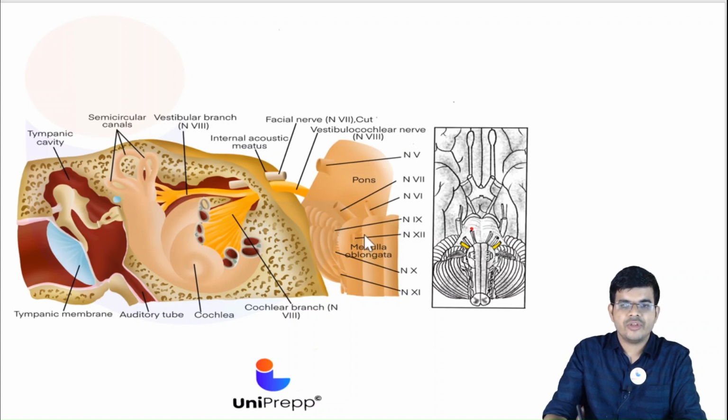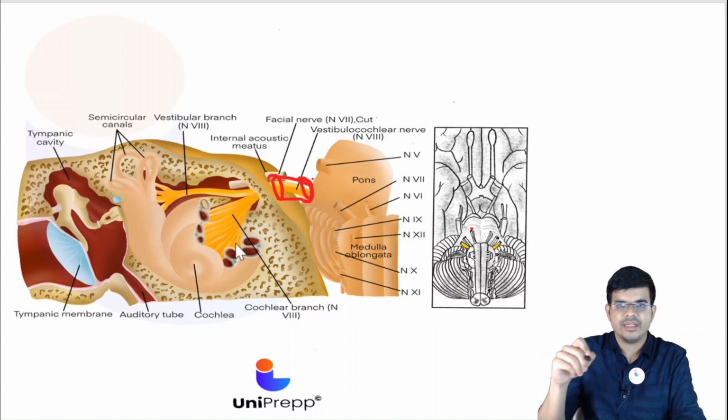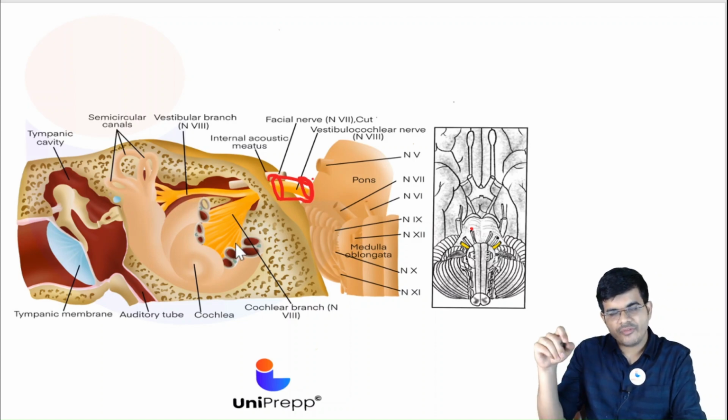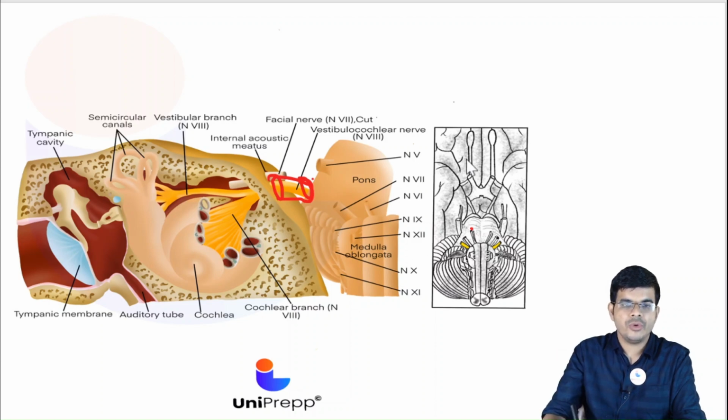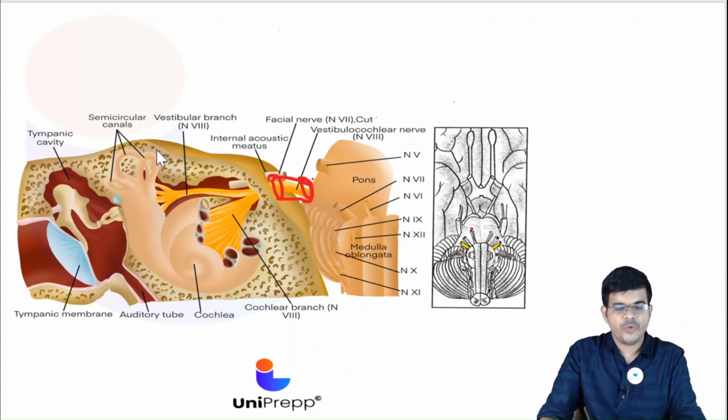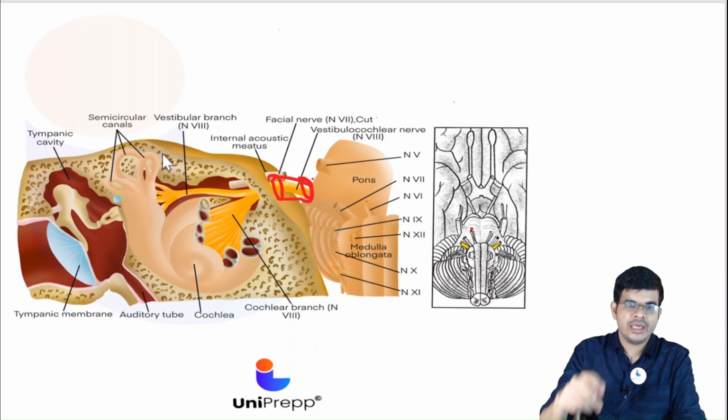From there, the facial nerve arises and then goes into the internal auditory meatus, and through the internal auditory meatus, it goes along with the vestibulocochlear nerve, and that is how it reaches the temporal bone. That part of facial nerve which is seen within the temporal bone is called the intratemporal part.